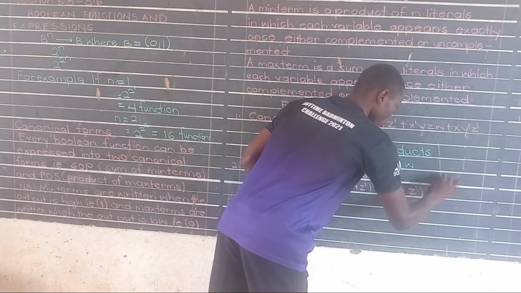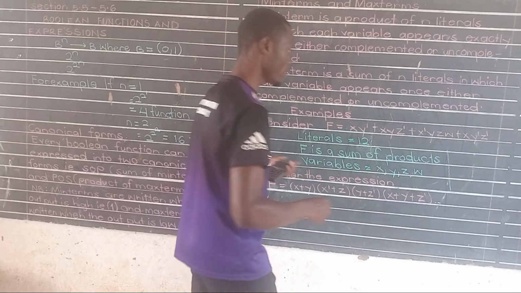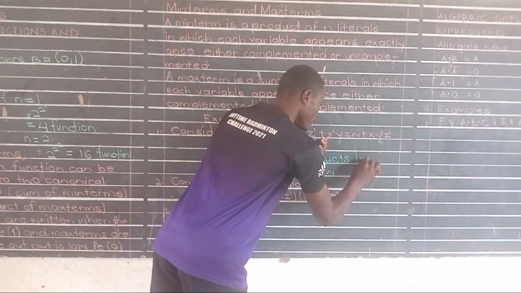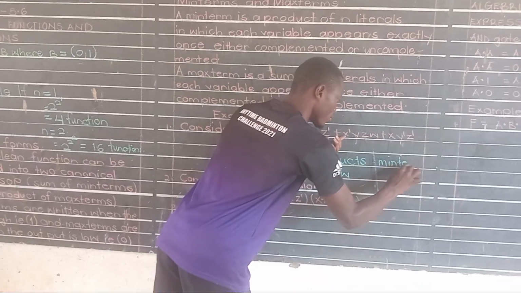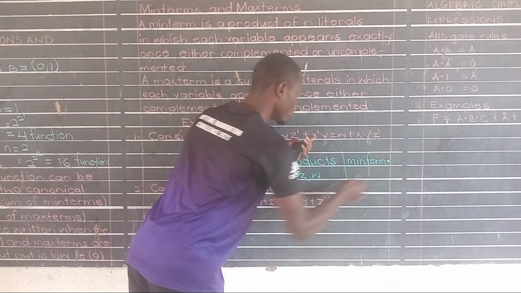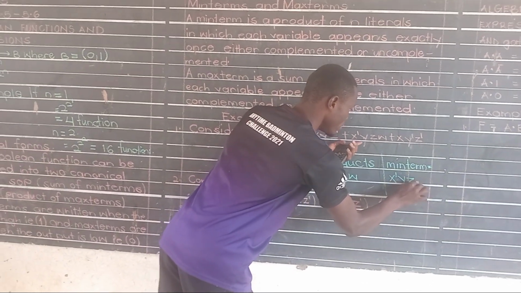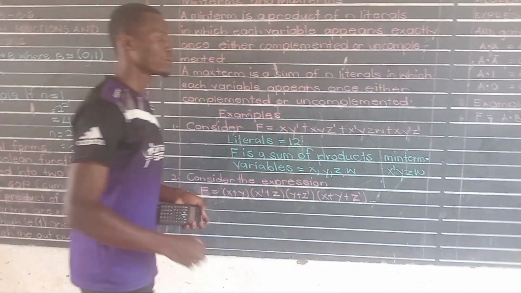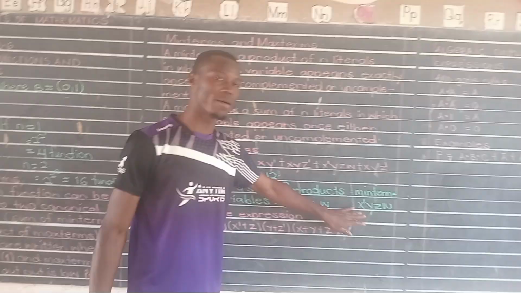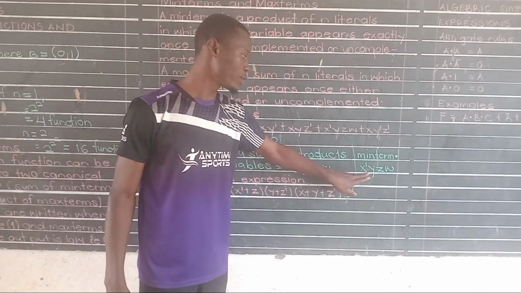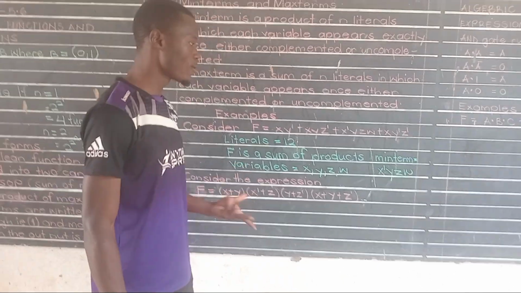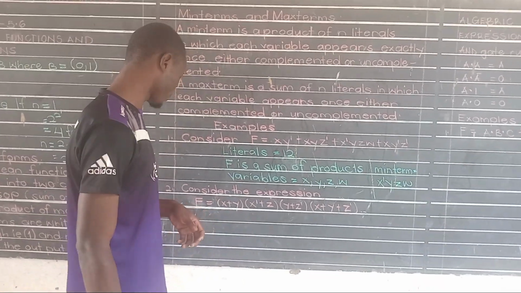So my mean term equals not x, y, z, w. I'm taking this as a mean term because it has all the variables included, either complemented or uncomplemented.